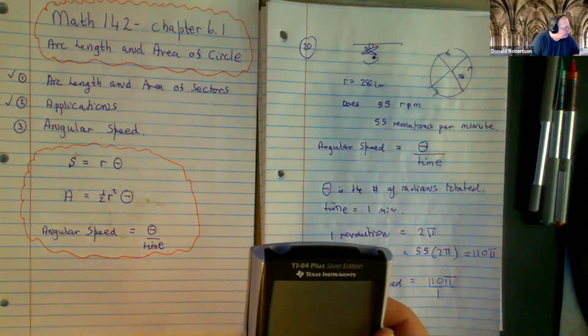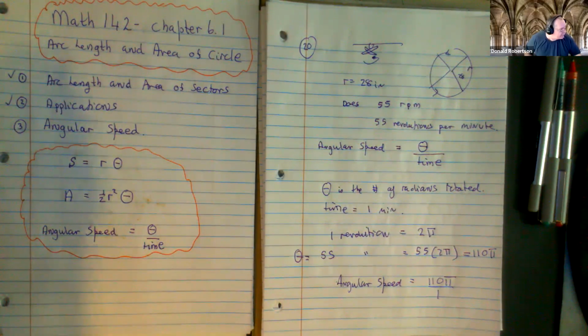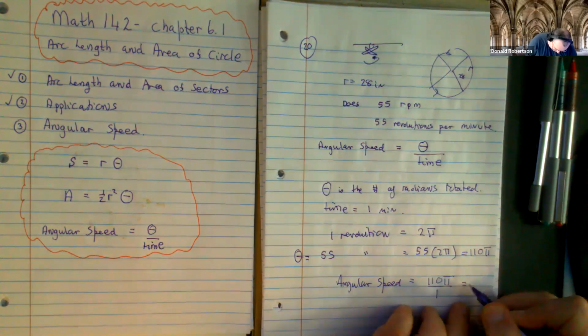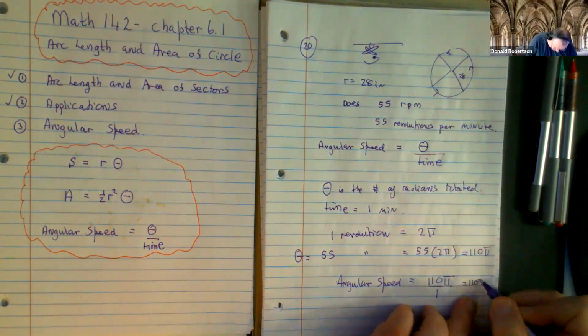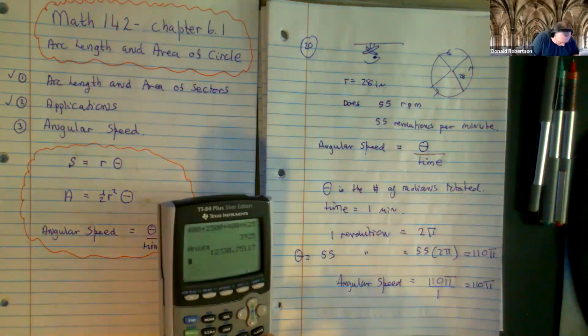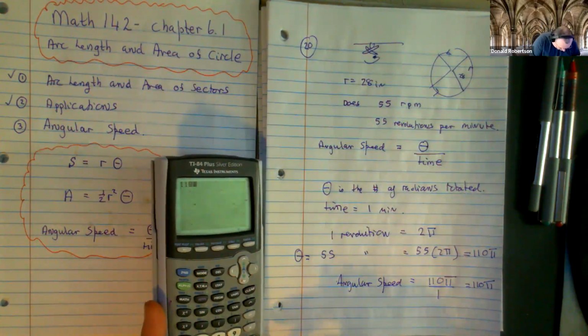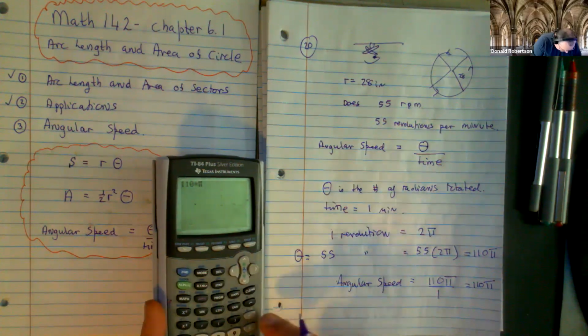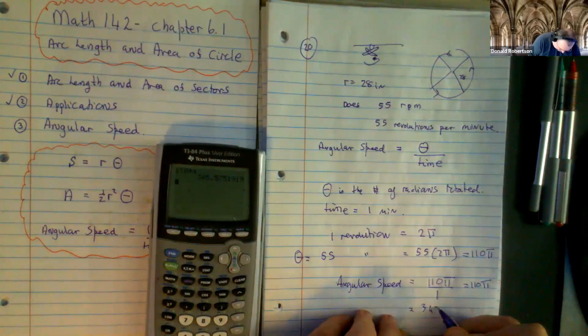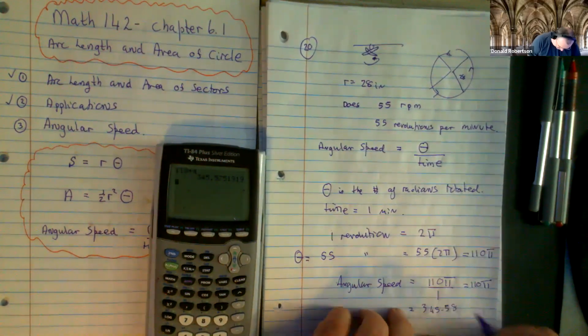And oh, the question did not say to 2 decimal places. Isn't that a clue that they want the answer as an exact value? And since they want it as an exact value, you do that. If they said, give me the answer to 2 decimal places, then I would go to my calculator and go 110 times pi, and I'd have written down 345.58.